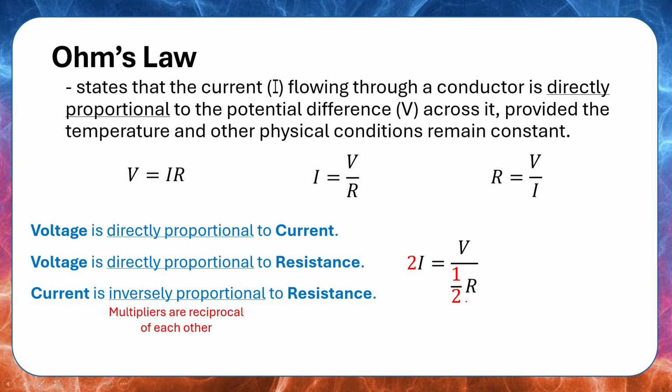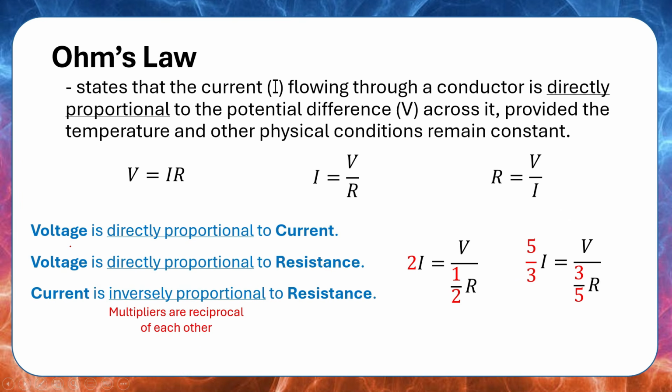So the same thing here as well. If I multiply 5/3 to I, you'll multiply 3/5 to R, because they are reciprocal multipliers. That's how you perform changes: if you change the value of I to twice, what's going to happen to R? That's what you do for I and R, because they are inversely proportional.